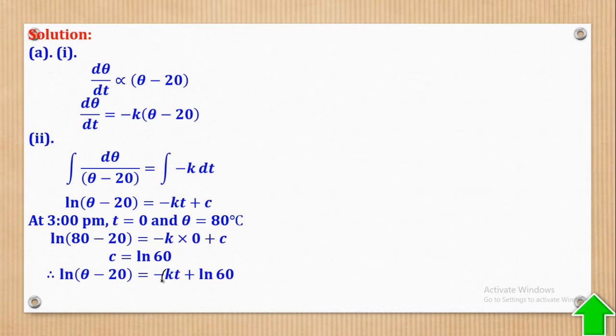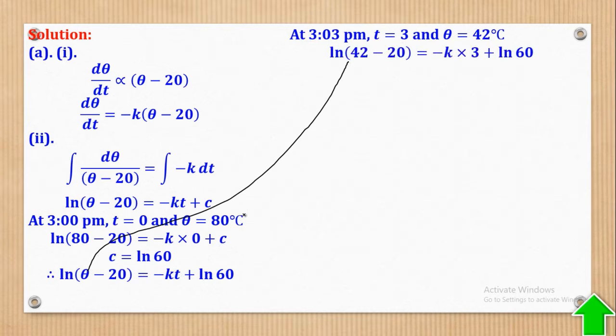So next is to get the value of k. To get the value of k, I'll need the second condition. The second condition said at 3:03, that is time equal to 3 minutes, the temperature was 42 degrees Celsius. So I'll substitute in this equation for theta and also for t.